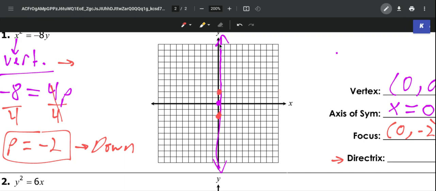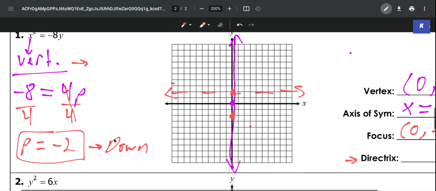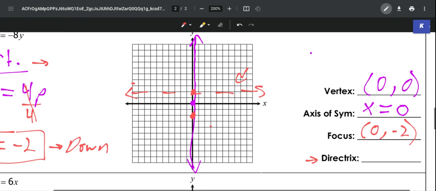So if our axis of symmetry is this vertical line, then our directrix would be a horizontal line going through that point that is 2 units above the vertex, in the opposite direction of the focus. So that line right there is our directrix. That line would be y is equal to 2, because it goes through 2 on the y-axis.